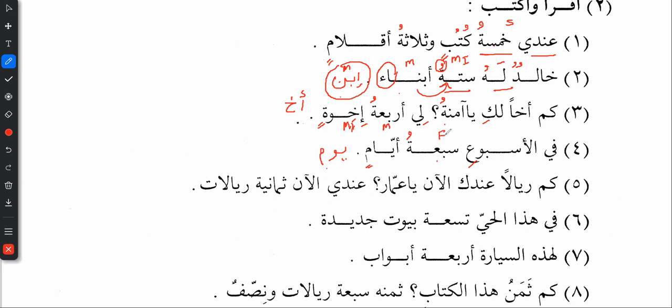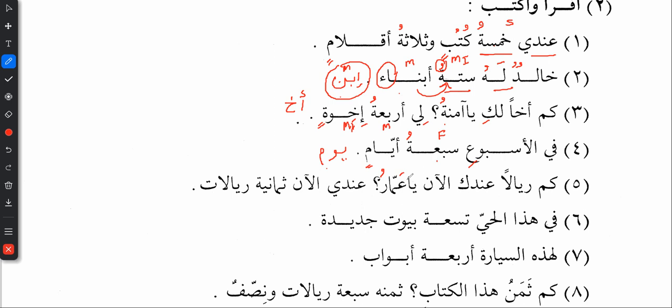Kam riyalan. Now here you will see how it is. Kam riyalan indak al-an ya Ammaru. So some names, Arabic names, have a single haraka. Those are called mamnu' min as-sarf. Mamnu' min as-sarf means those nouns which can take only a single haraka, single dhamma and single fatha, no kasra.